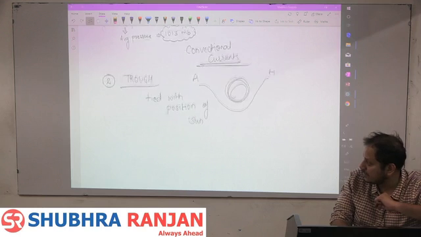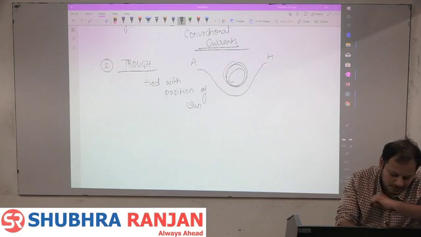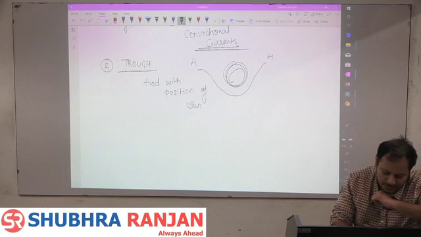Tied with the position of sun, and hence it shifts.